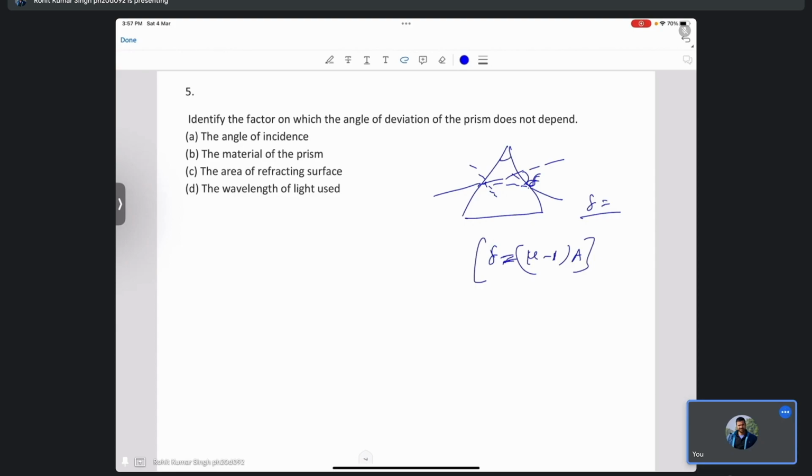Only the angle of the prism is there and the refractive index is there, right? So if you look at this formula, it should not depend on the angle of incidence.